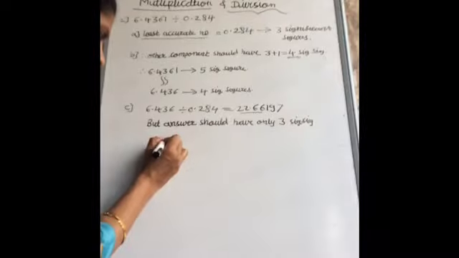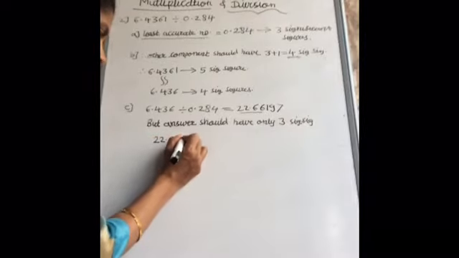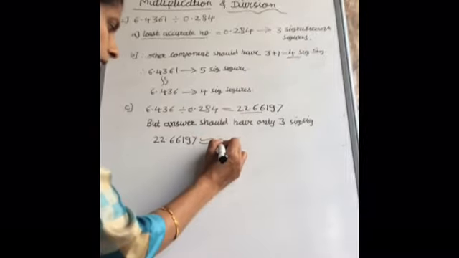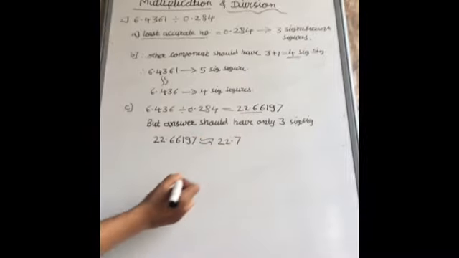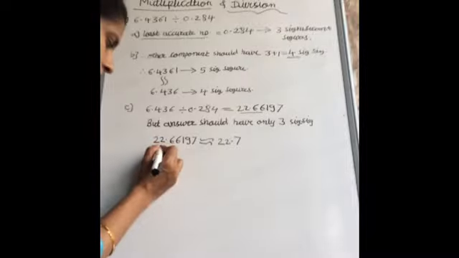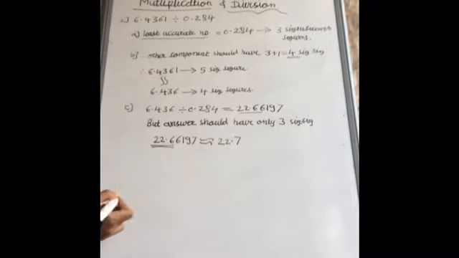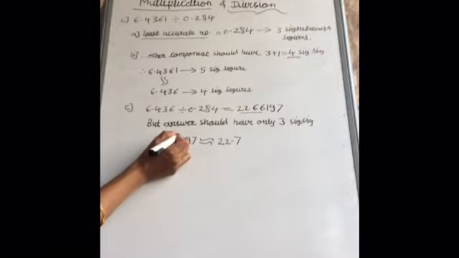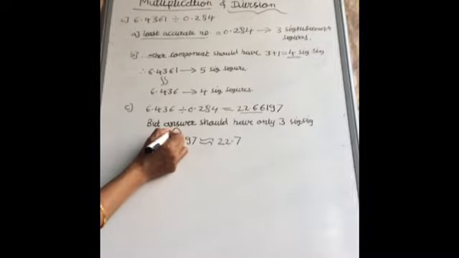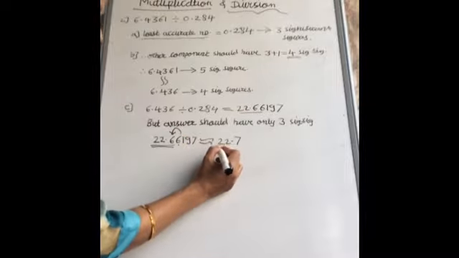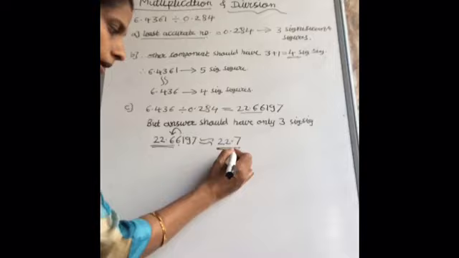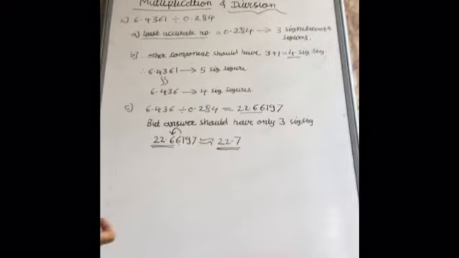So we write 22.66197 as 22.7, because we have only 3 significant figures and the next digit is 6. If the last digit is 5 or more than 5, then the previous digit is increased by 1 by the rule of rounding of figures. So it is right as 22.7. This is about division.